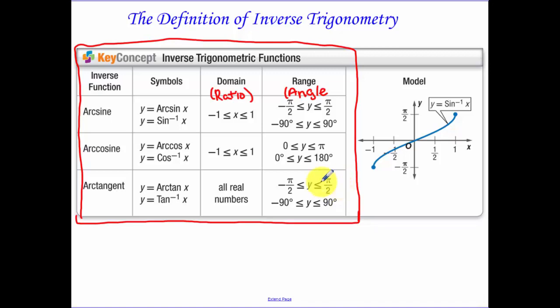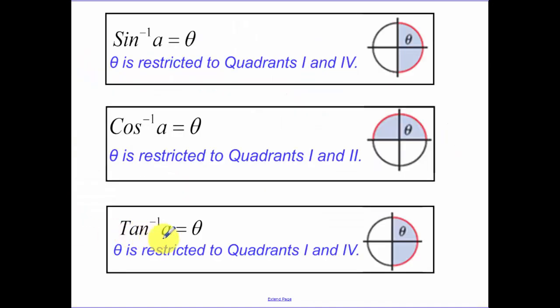So what that means is inverse sine is restricted to quadrants 1 and 4, from -pi/2 to pi/2. Inverse cosine is restricted from 0 to pi. Inverse tangent is from -pi/2 to pi/2. I want to emphasize that all the angles in this fourth quadrant that we're looking at are going to be negative.